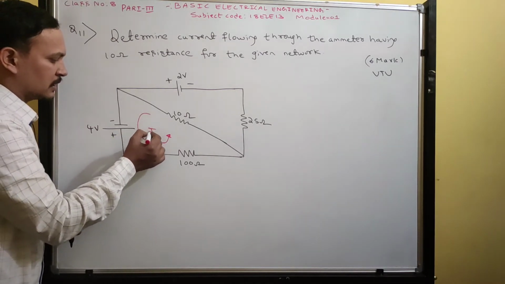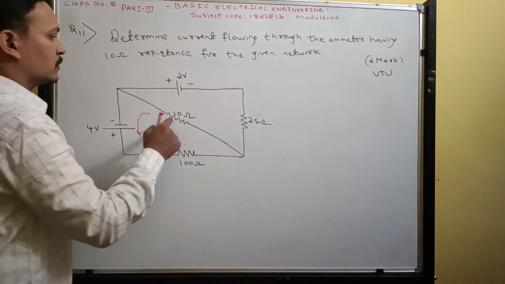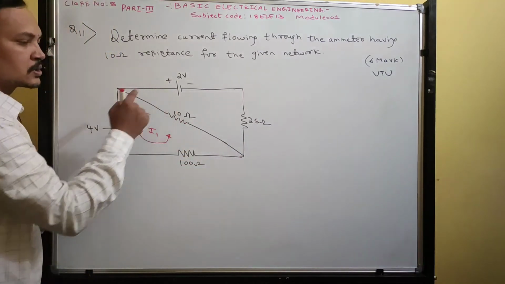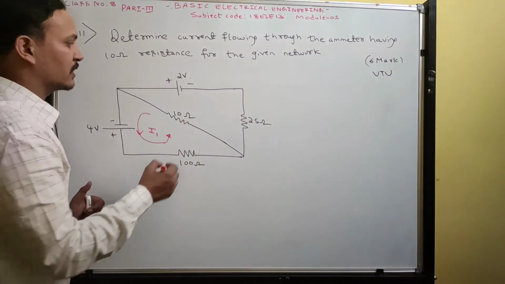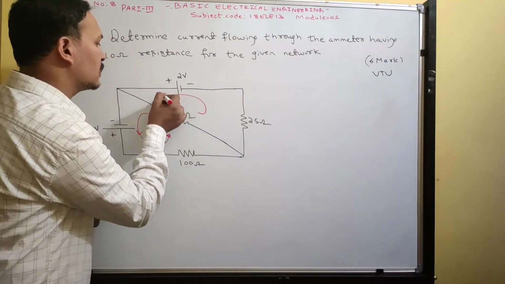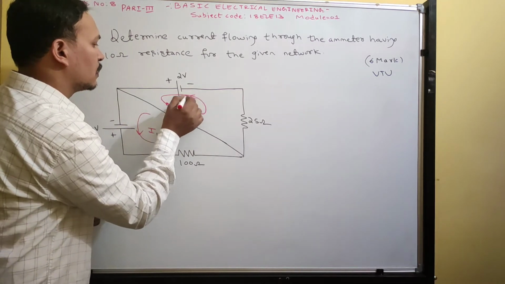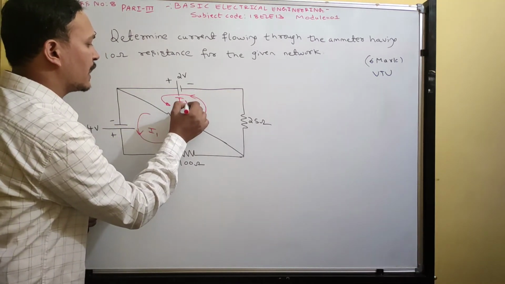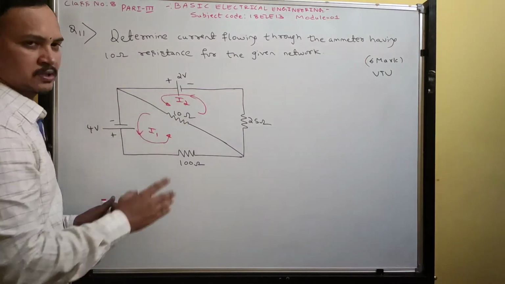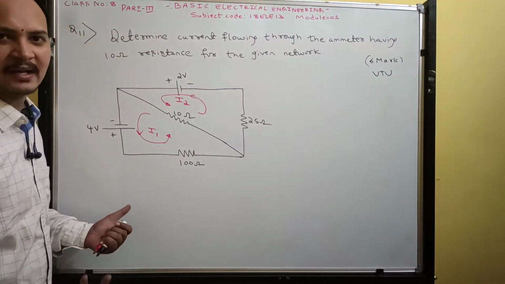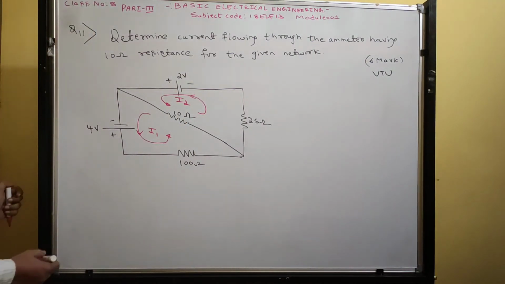Let's say that current is I1. Now in this particular loop a voltage source is also there, so take the direction of current such that it delivers the current I2, another current. Now we have two loop equations. Apply KVL for these two loops and you will get the answer. Let's see how it looks.